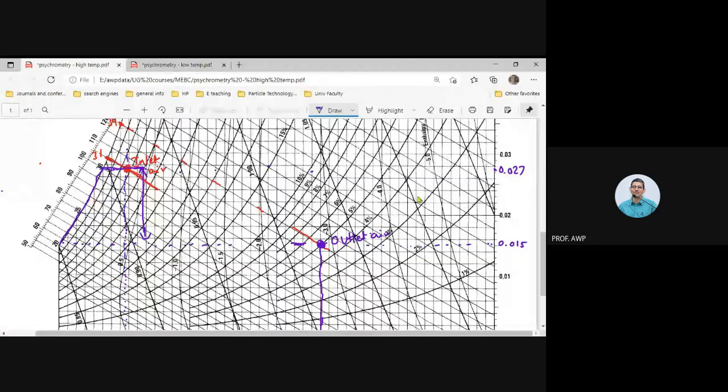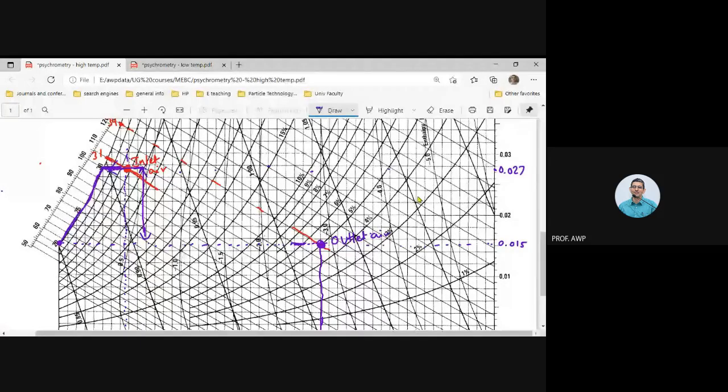So we will keep on cooling, and because it is below the dew point, water will start condensing. As we cool down from 35 degrees centigrade temperature of the air, we reach the dew point 30 degrees centigrade.